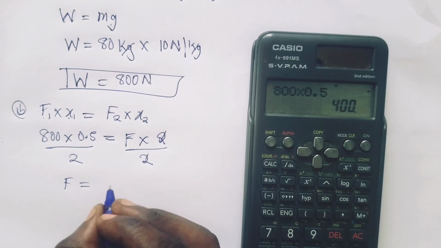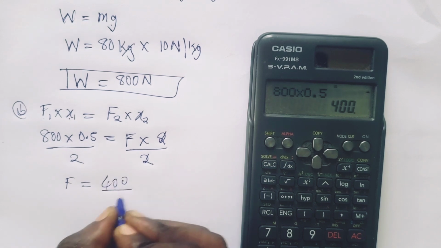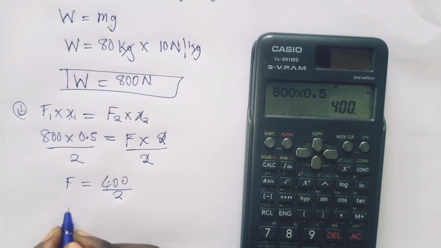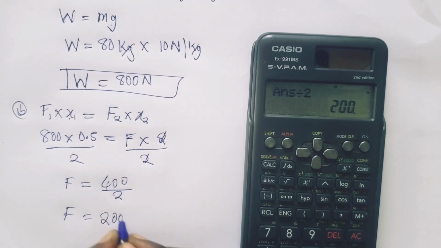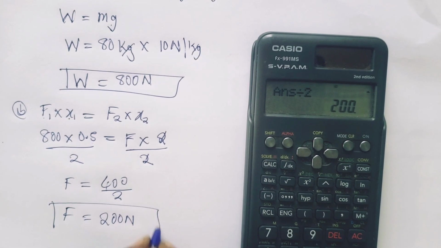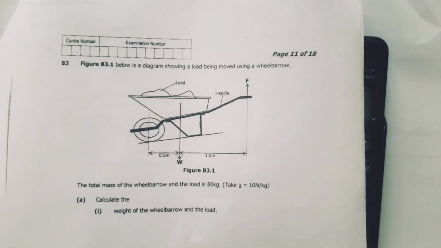Then 400 divided by 2, that's 200. So 200 newtons is this force F.